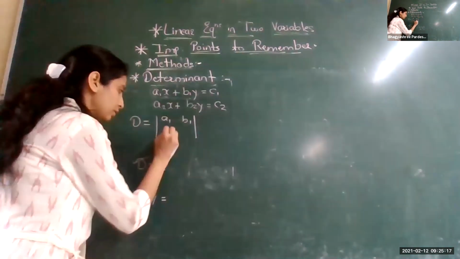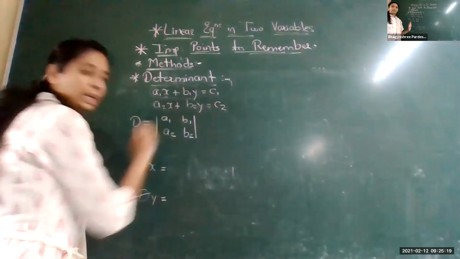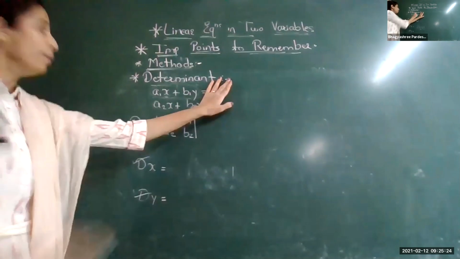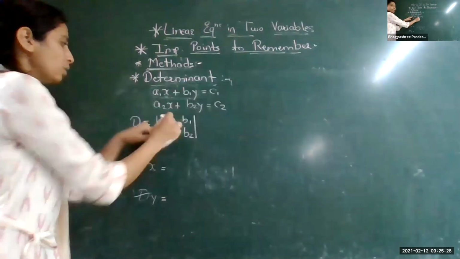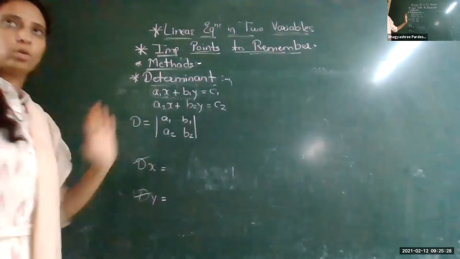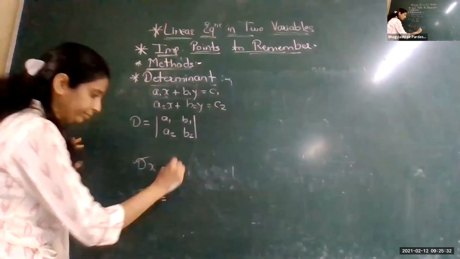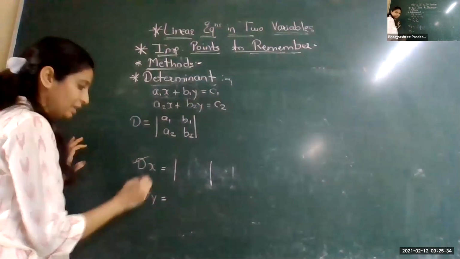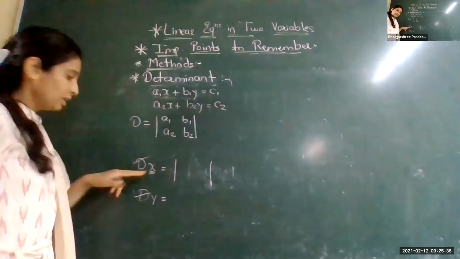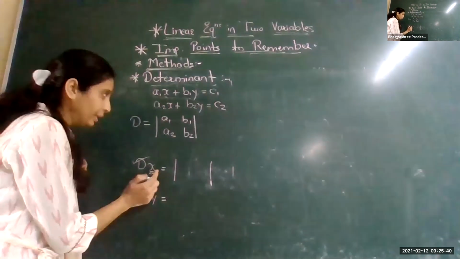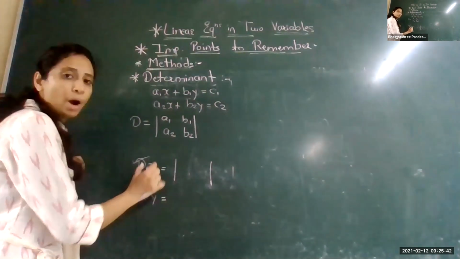are a2, b2. Okay, so this is nothing but what we have done. We cancel out the constant here. a1, b1 in the first row, a2, b2 in the second row. So this is your D. Now Dx. Since x is given, pay attention: forget about the coefficients of x.